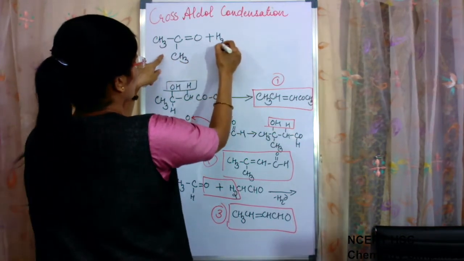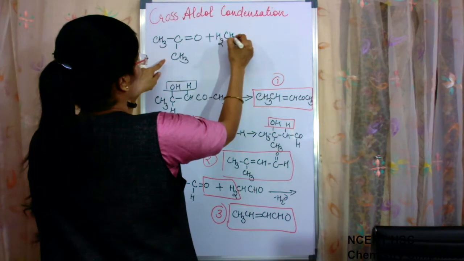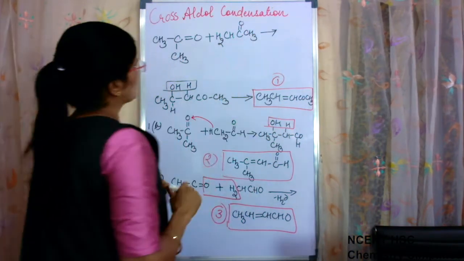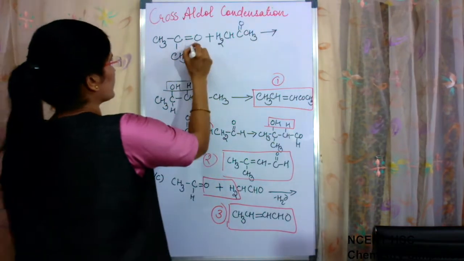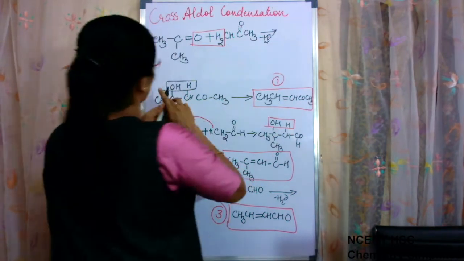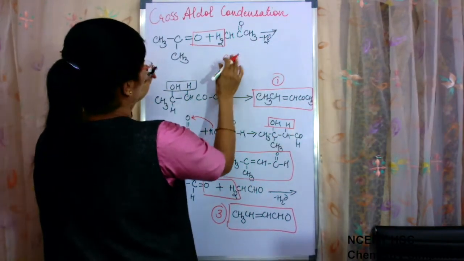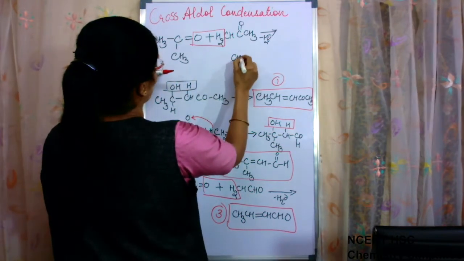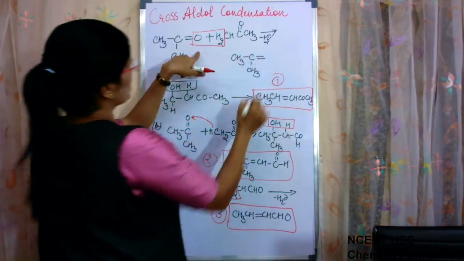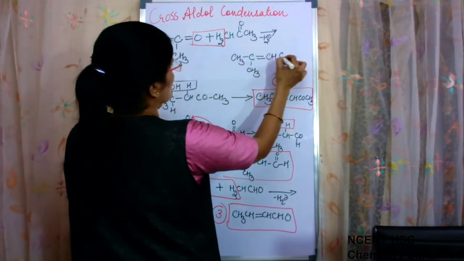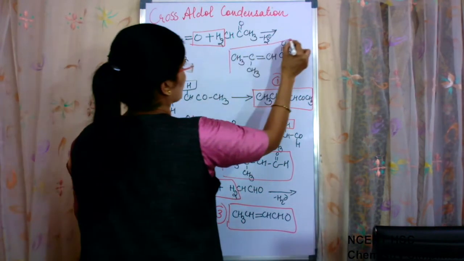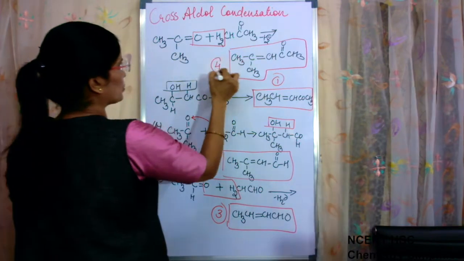So hydrogen I will write here, CH2COCH3. Out of these, again a water molecule will be lost, minus H2O, and it will give you CH3C(CH3)=CHCOCH3. This is your fourth product.